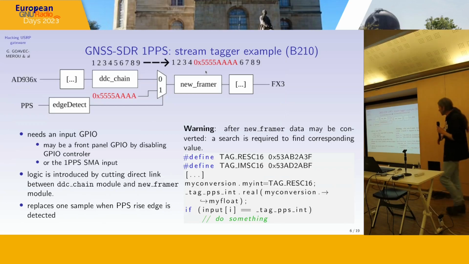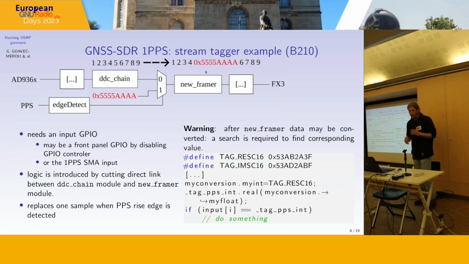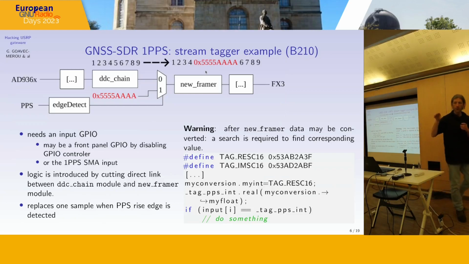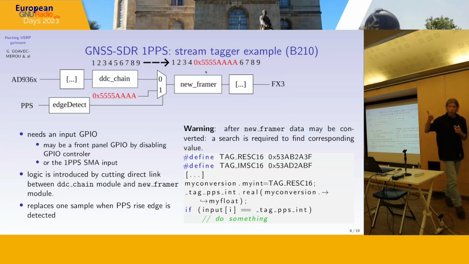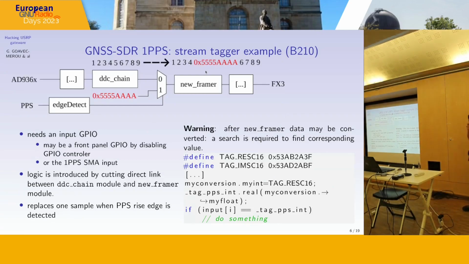So the idea is to integrate the piece of code into the chain to replace or to corrupt a sample by a specific value at the rising edge of the PPS. The idea here is to know the relationship between the PPS and the sample, to align this one.